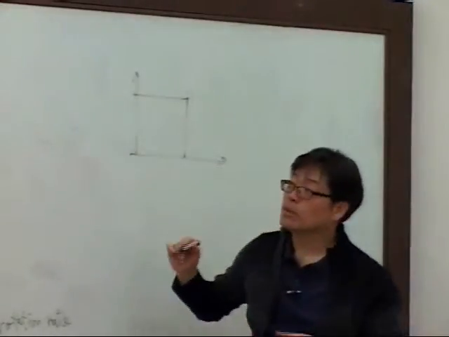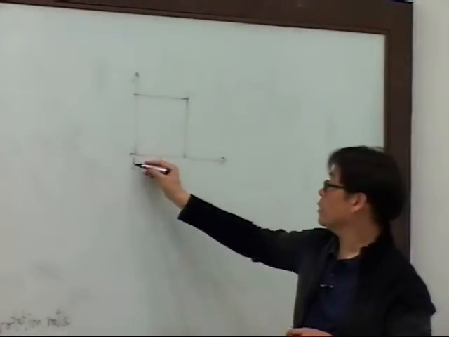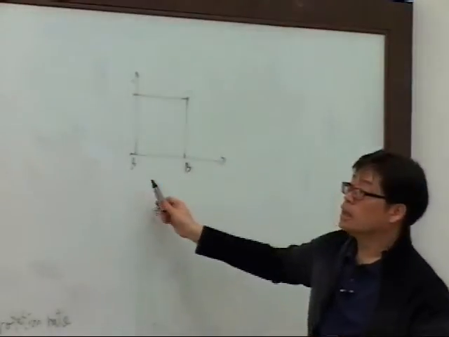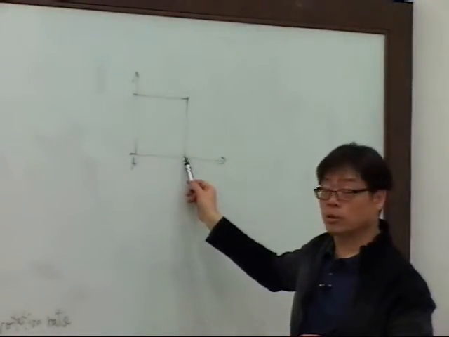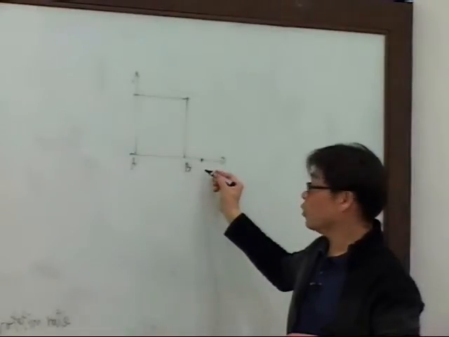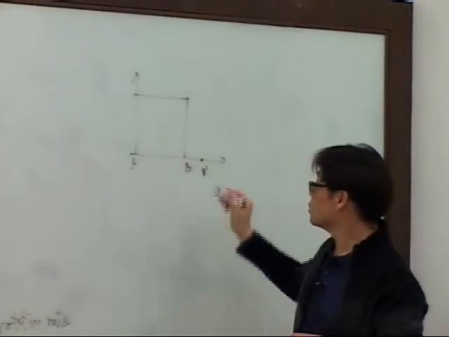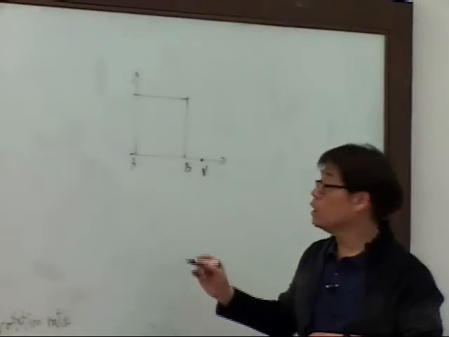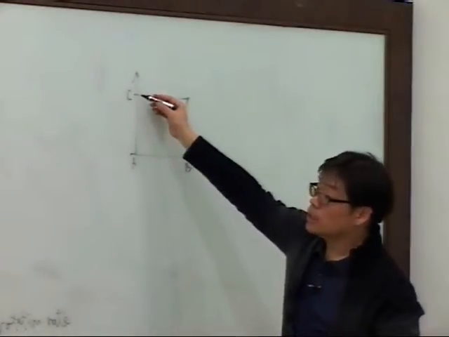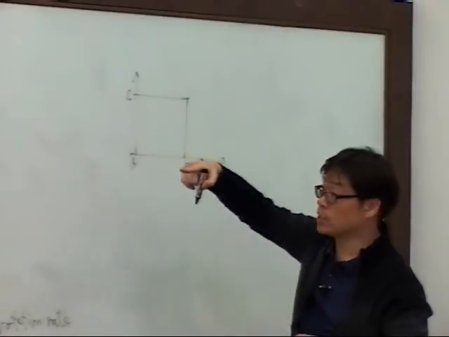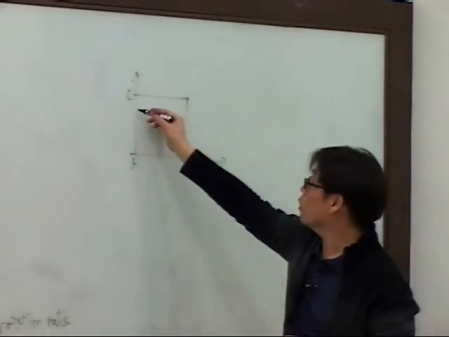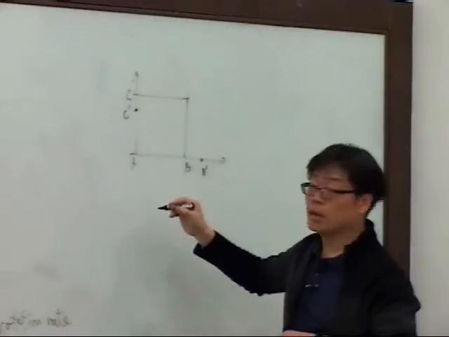This time, if I look at A and B, the x coordinate is greater, so B will go here. This is a new position. On the other hand, C is smaller. It moves down because it has a negative sign, and therefore C will go here.